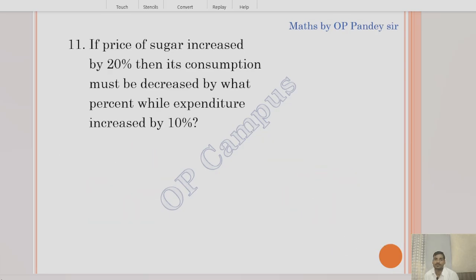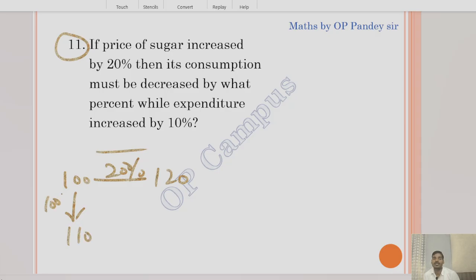Next question please. If price of sugar increases by 20%, then its consumption must be decreased by what percent while expenditure increases by 10%. So if the initial price is 100, increase by how much percent? 20%. So this becomes 120, and again increase by 10%, so this becomes 110.